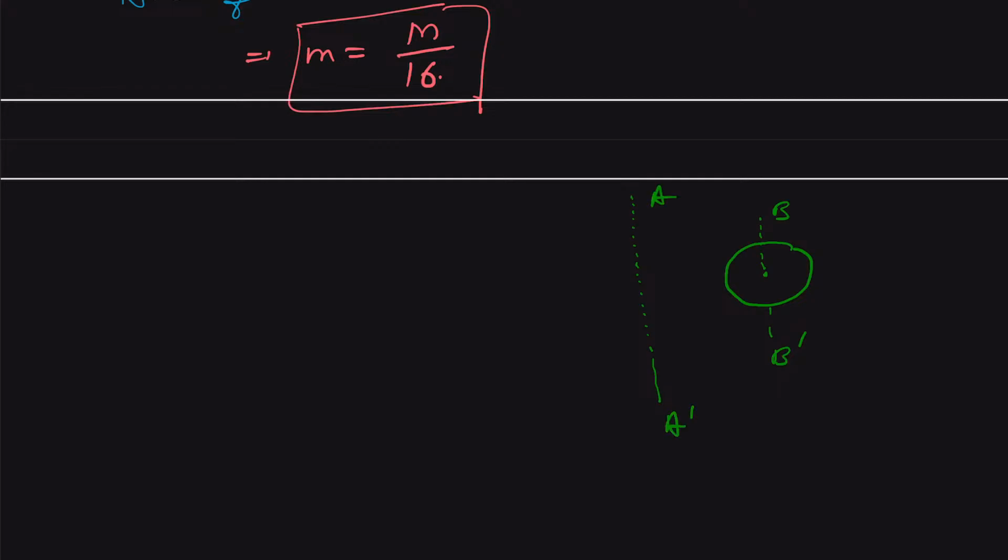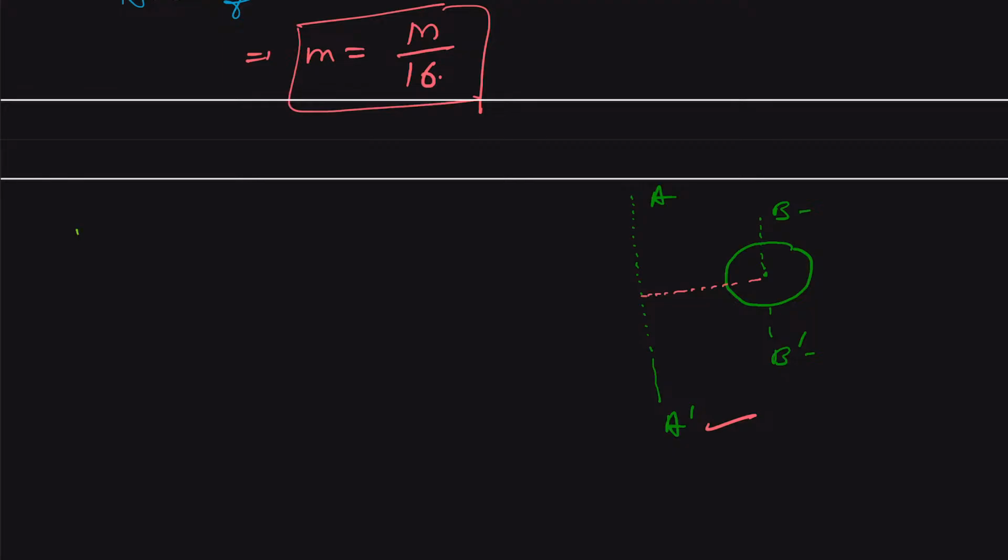First we find the moment of inertia of this small disk about its own axis, b prime, and we can easily find this distance. Then we use the parallel axis theorem to find the moment of inertia about a prime.